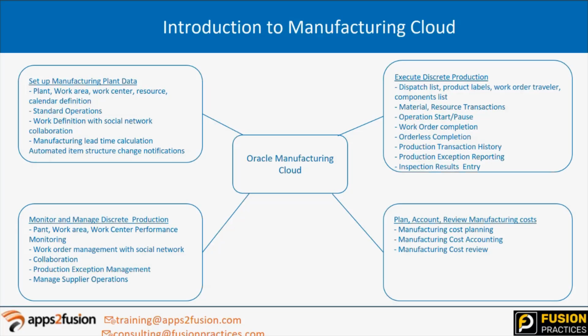I'm not sure if I got your question, but what is typically done in implementations is that the legal entities, the legal structures, and the business units are all defined by the finance team. And once those are defined, we as the supply chain consultants go and define the inventory organizations. Those inventory organizations, we mark them to be like a manufacturing plant.